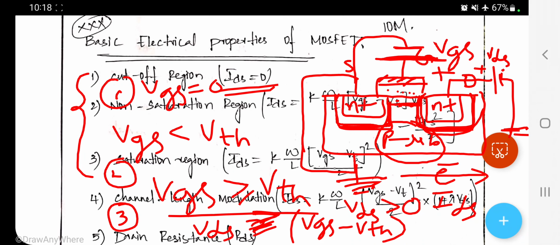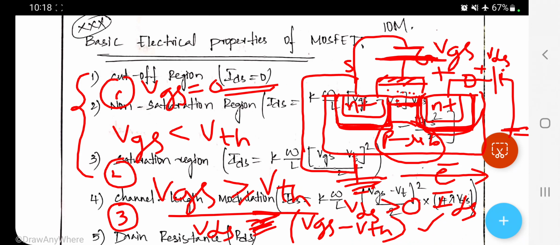We applied VGS greater than VTH, and out of VGS, VTH is utilized to form the channel. So suppose you apply 3 volts as the gate to source voltage, 1 volt is utilized to form the channel. So VGS minus VTH is nothing but 3 minus 1, that is 2 volts.